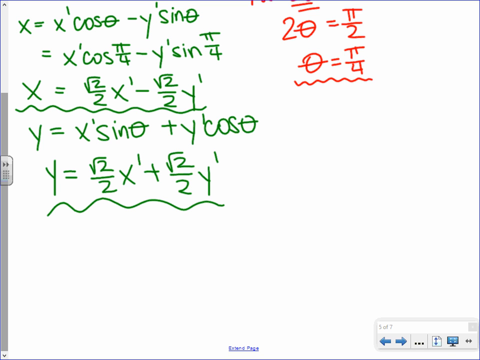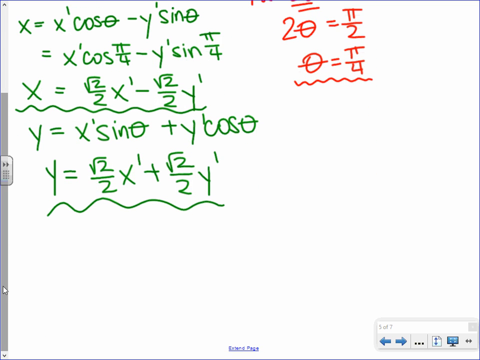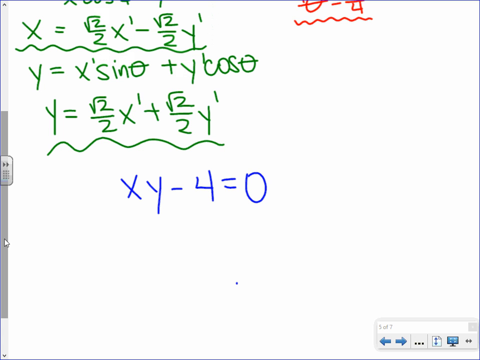Now, we get to actually do the algebra. So our equation is xy minus 4 equals 0. Now, this one's a little bit more simple because there's only one term we have to substitute.